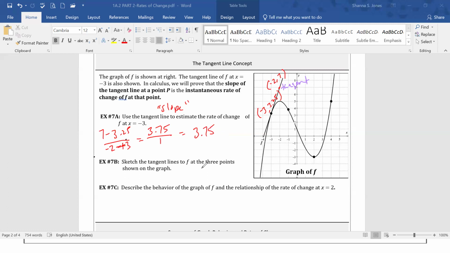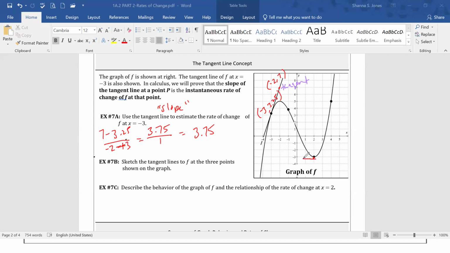Okay. From there, it's going to ask you, can you write an equation of a line to represent that? Could you? Yes, because now you have slope, y2 minus y1. It says describe the behavior of the graph of f and the relationship of the rate of change at x equals 2. So now we're going to look at x equals 2. At x equals 2, we come here, we come down, and what do you notice?